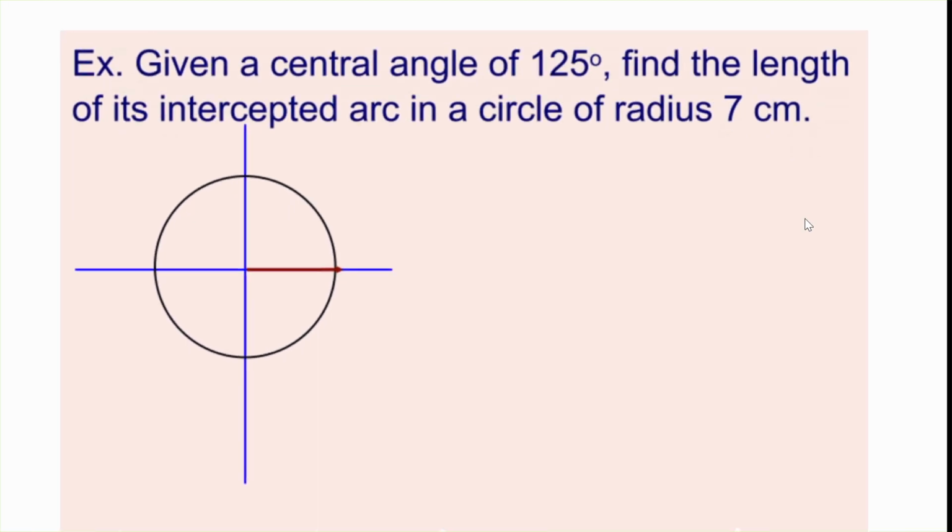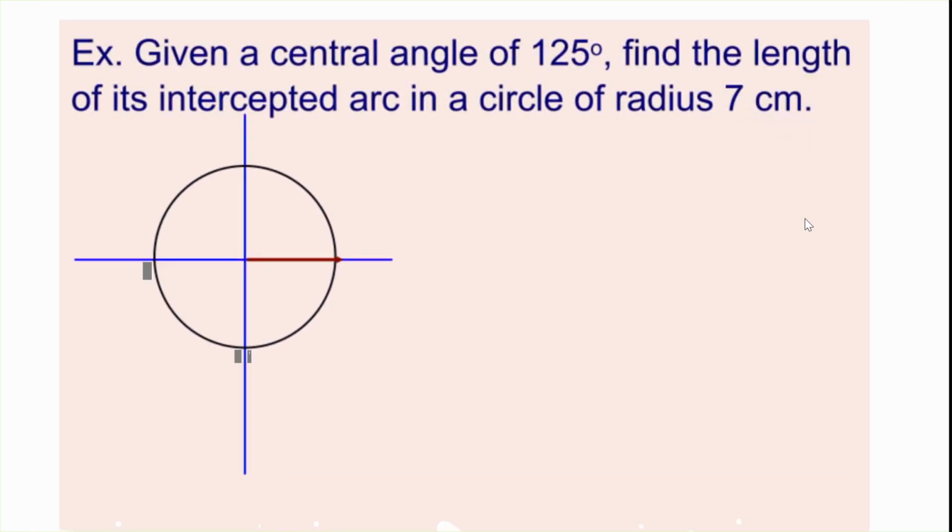So it says, given a central angle of 125 degrees, find the length of the intercepted arc in a circle of radius 7 centimeters. So 125 degrees, you're about here. I want to know the length of this arc right here.